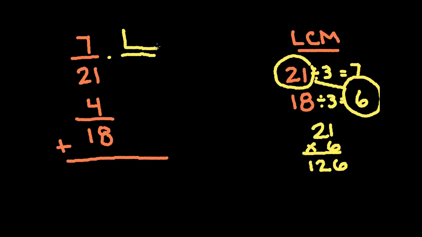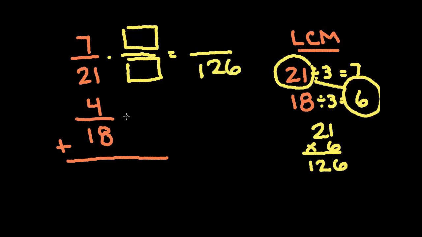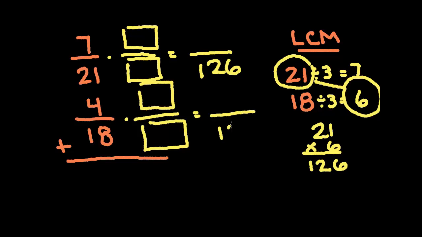So I'm going to set up my changing booth here, and I'm going to have a 126, and set up my changing booth here, and have a 126. And again, what numbers need to go in these boxes? I can just look over here.